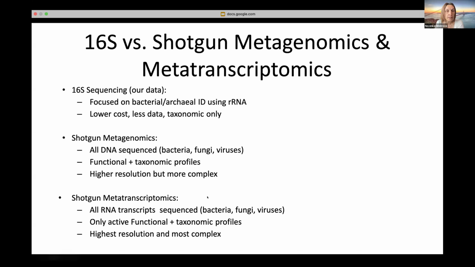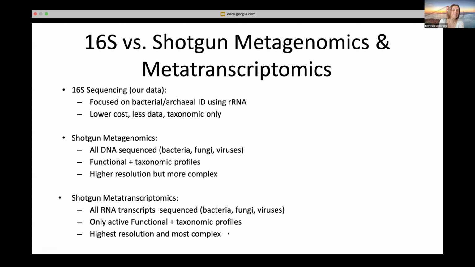where metatranscriptomics, this is RNA. So these two methods, here we only look at DNA. If DNA exists, it doesn't mean that it's expressed. And this is why metatranscriptomics is so important, because we know all of the RNA transcripts, and we know the active, meaning the functional and the taxonomic profiles.